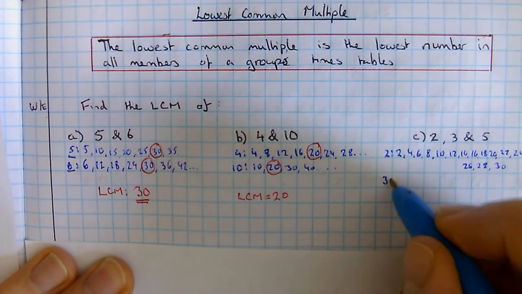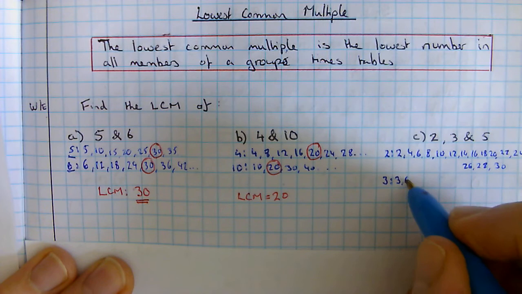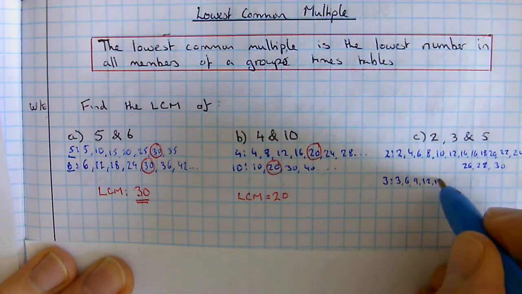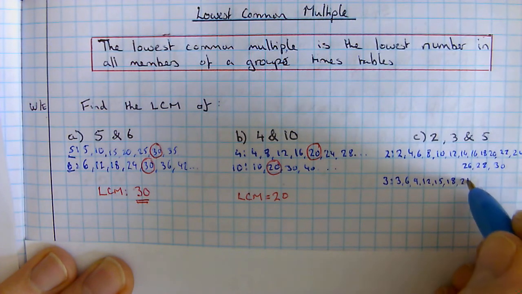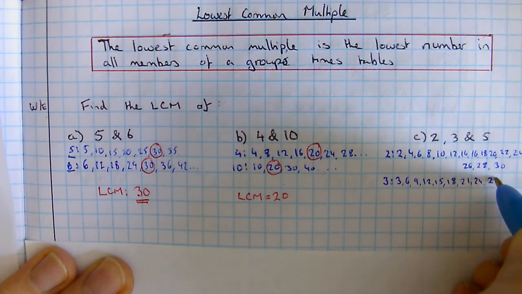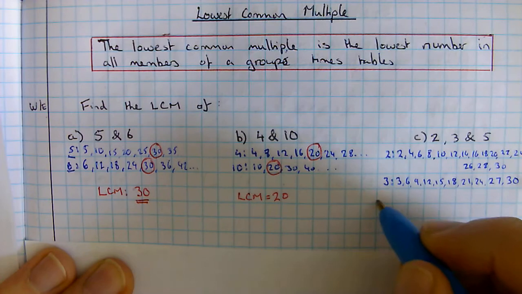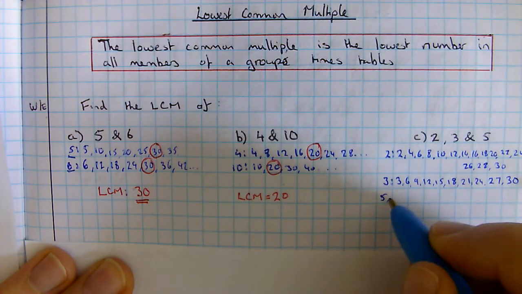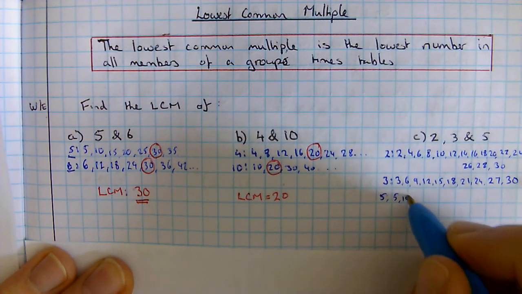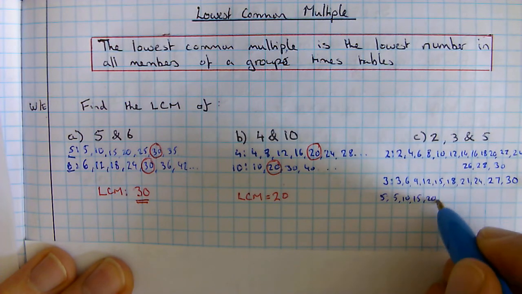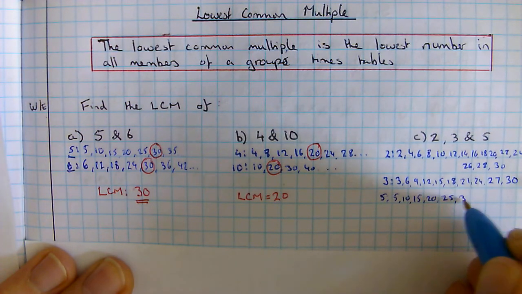Got a 3 here. It's going to give me 3, 6, 9, 12, 15, 18, 21, 24, 27, and 30. And the last one is 5. Gives me 5, 10, 15, 20, 25, 30.